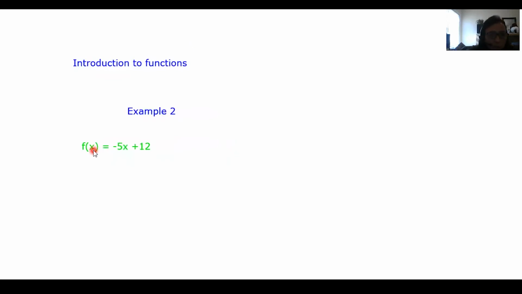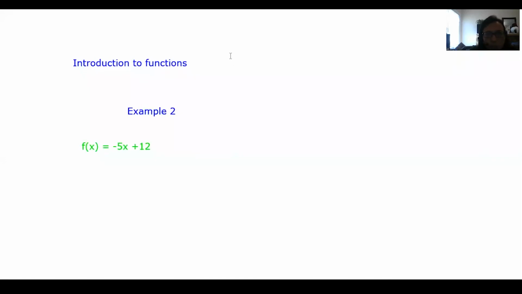It says my function multiplies negative 5 times whatever x there is, and then adds 12. These are both simple mathematical concepts. I just want to make sure everyone can look at a function and understand what that function is doing. Obviously, they'll get more complicated from here.